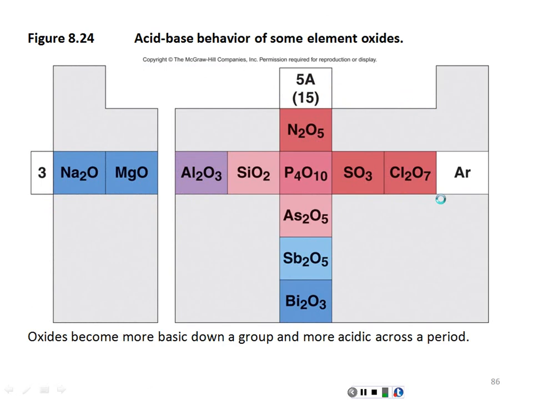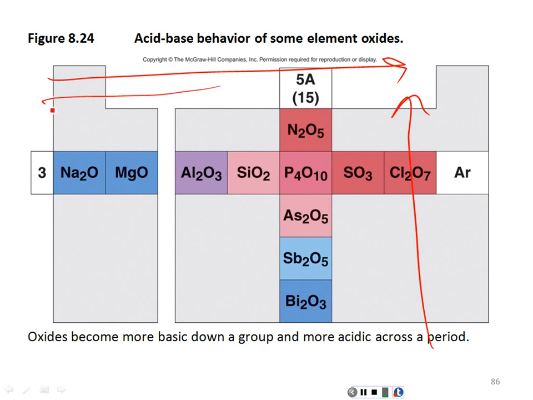If we look at the periodic trend of acid-base behavior of elemental oxides, we see that the acidic behavior increases as you go up a group or to the right of the periodic table. The basic character increases as you go to the left side of the periodic table or down a group.